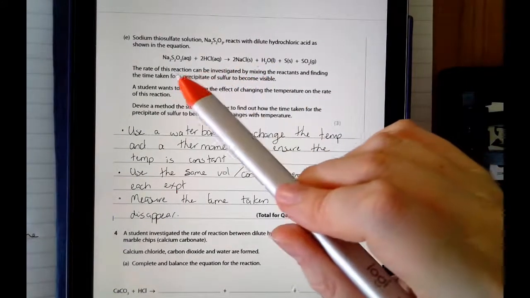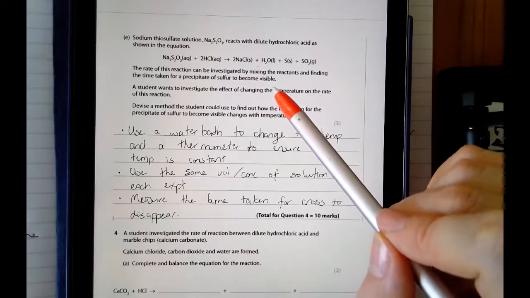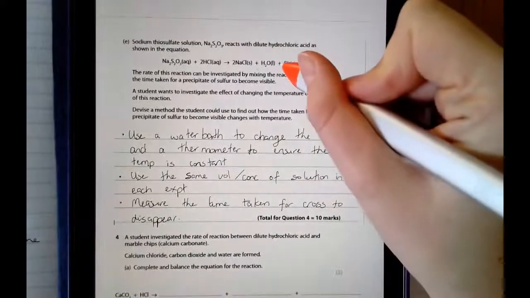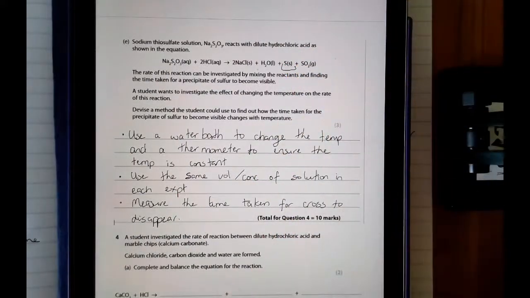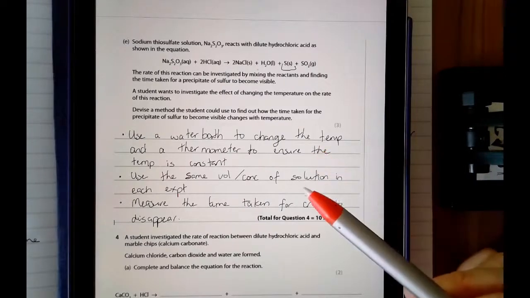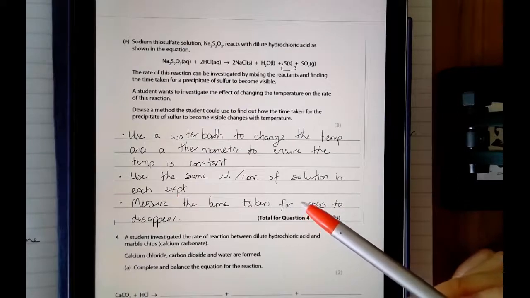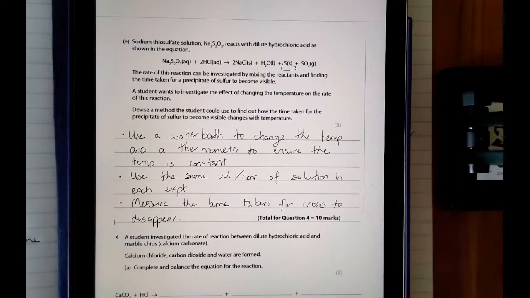You're finding the time taken for a precipitate to become visible. In other words, if the precipitate, the solid, is forming, you are no longer going to see your cross. So I've written measure the time taken for the cross to disappear. So I've included how I'm going to change my temperature, what I'm going to keep the same each time, and the measurement that I am going to be taking. And that will get me all 3 marks.